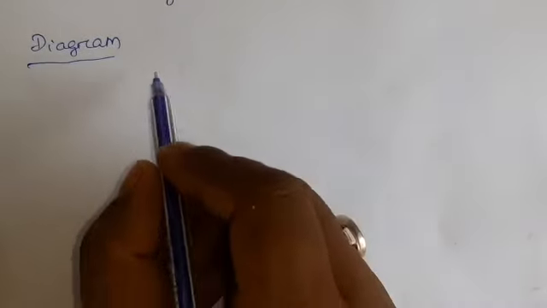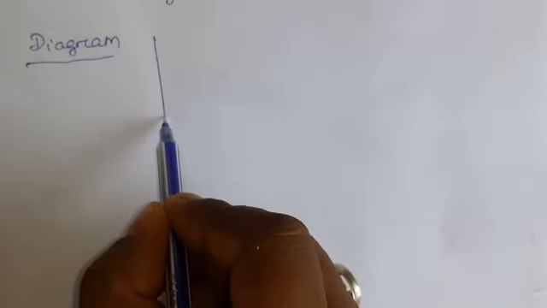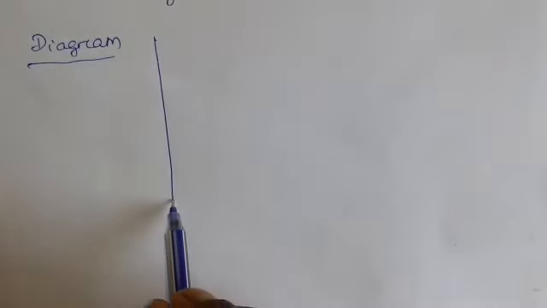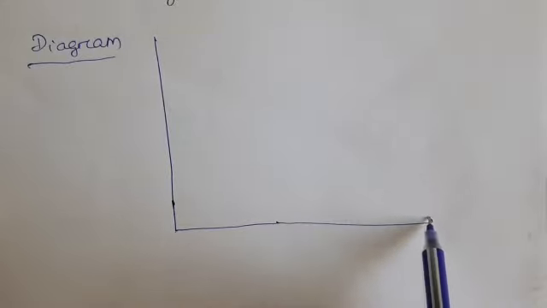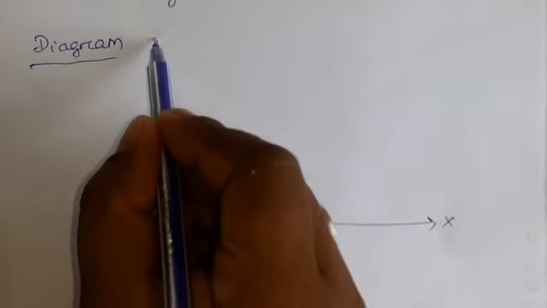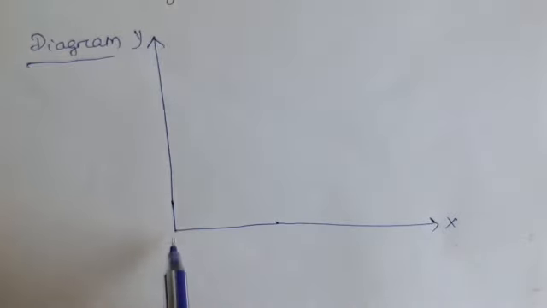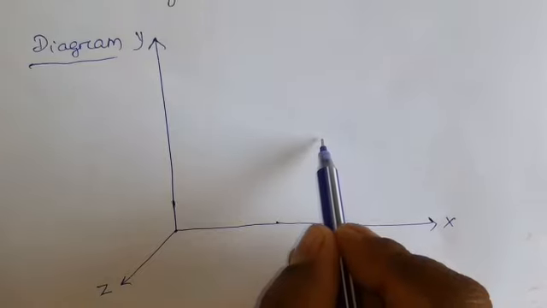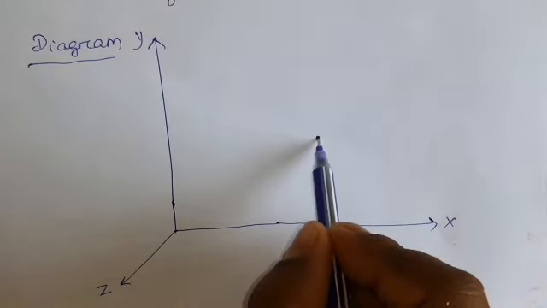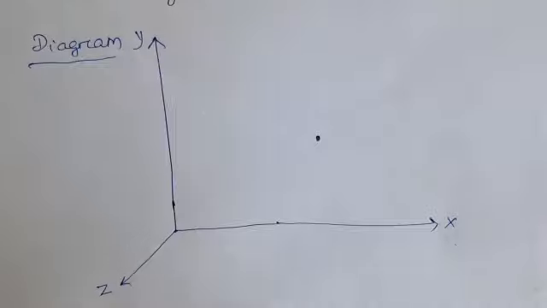So now I will take the axes. This is x, this is y, and this is z axis. Now I will take a test charge here. Let this be q naught.